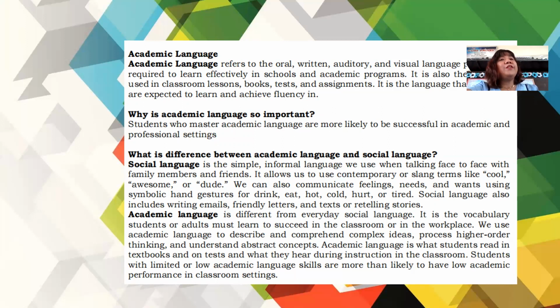Okay, what is the difference between academic language and social language? Well, social language is different from academic language in the sense that social language is the natural conversational language that we use. We can use "awesome," "dude," or "sweetie pie" or "honey pie" in social language because it's very conversational.